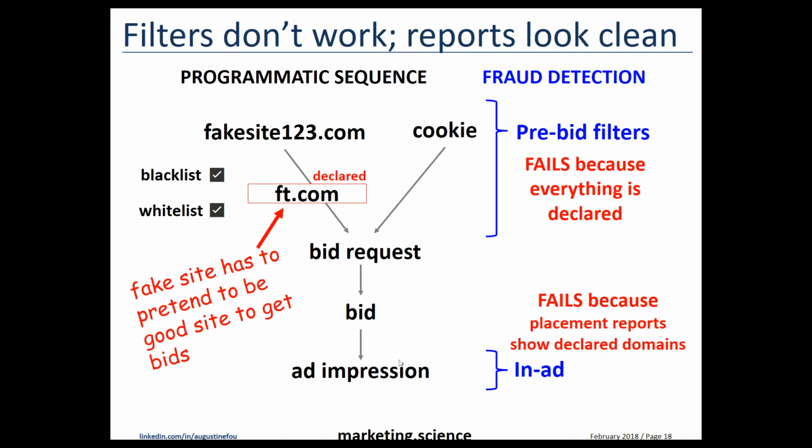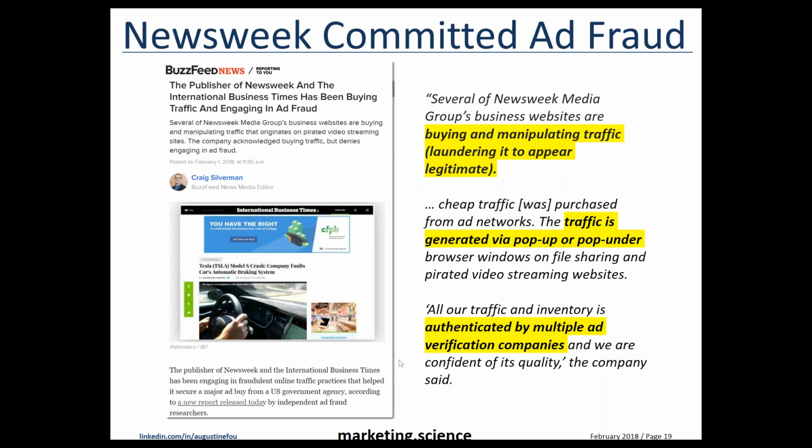So, basically, because the current fraud detection cannot catch it, we see examples like this, right? So this was a piece that was written up based on research done very recently. And you can see that the publisher of Newsweek and IB Times had basically been buying traffic. And all the while, all that traffic and the ad impressions looked clean and verified.